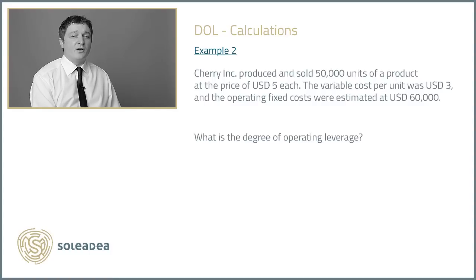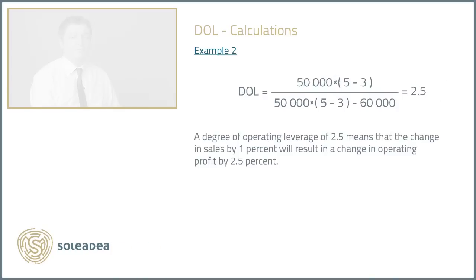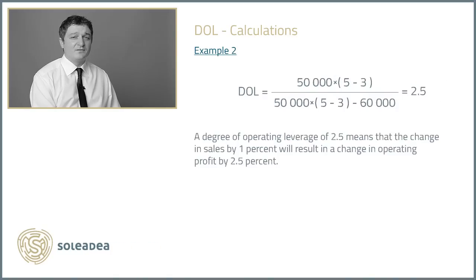The degree of the operating leverage is equal to 50,000 times (5 minus 3) divided by 50,000 times (5 minus 3) minus 60,000 equals 2.5. A degree of operating leverage of 2.5 means that the change in sales by 1% will result in a change in operating profit by 2.5%.